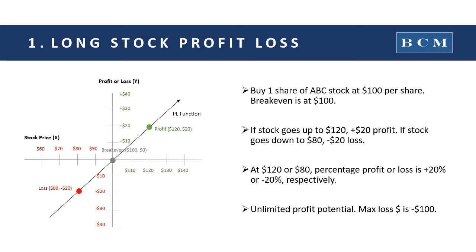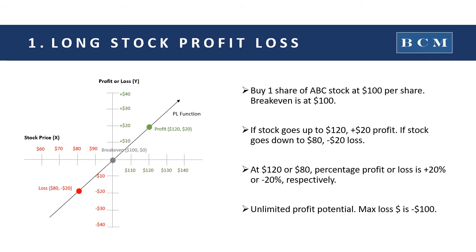The second thing to notice is that losses are limited to $100. At least if we assume there's no borrowing allowed. Then in that case, our losses are limited to $100. That's because stock prices have a lower limit of $0. Stocks don't trade with negative dollar values.